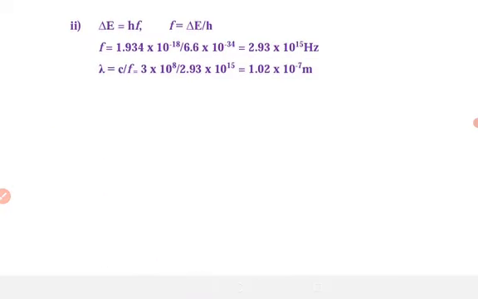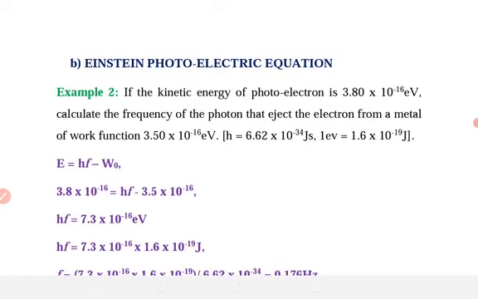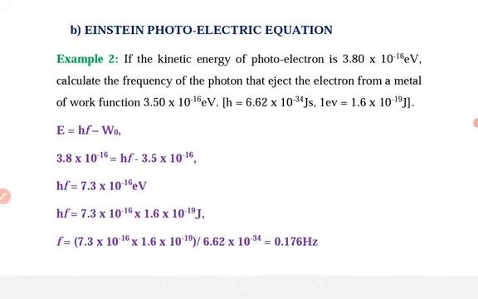Now the second subtopic we are going to be considering here is Einstein photoelectric equation. What is photoelectric? When light of sufficient frequency falls on a metal surface and electrons are emitted or ejected, that phenomenon is what we call the photoelectric effect.